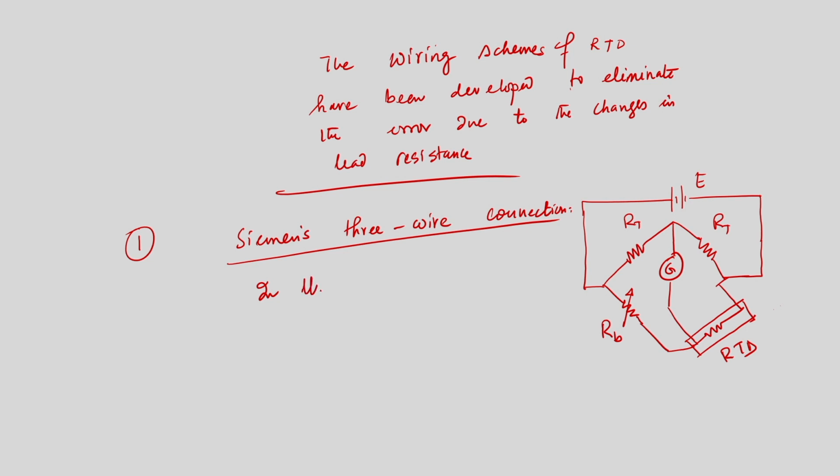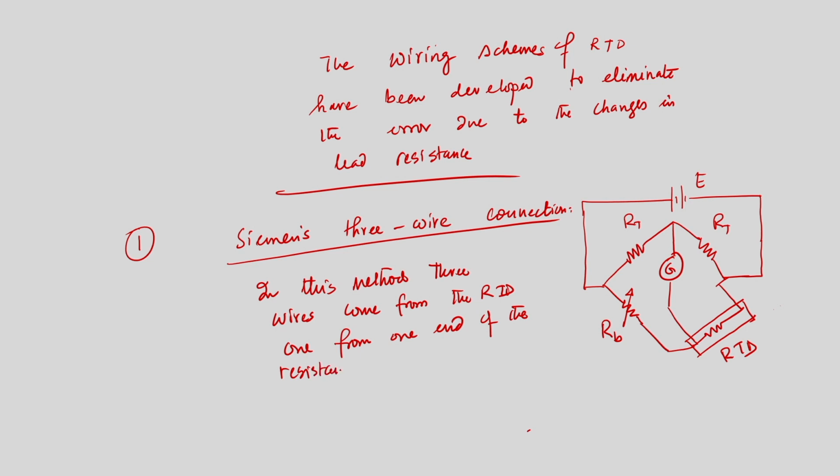In this method, three wires come from the RTD, one from one end of the resistance element and two from the other end.